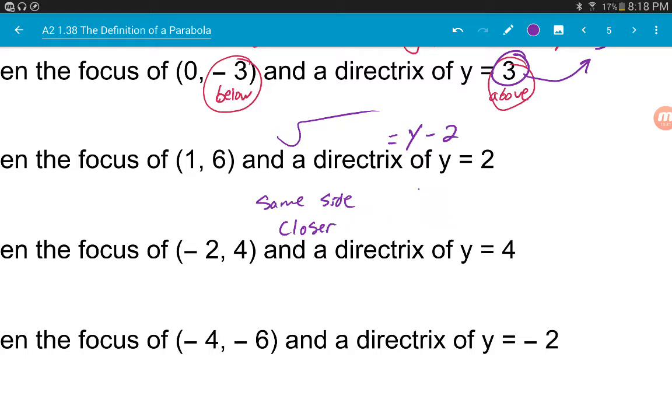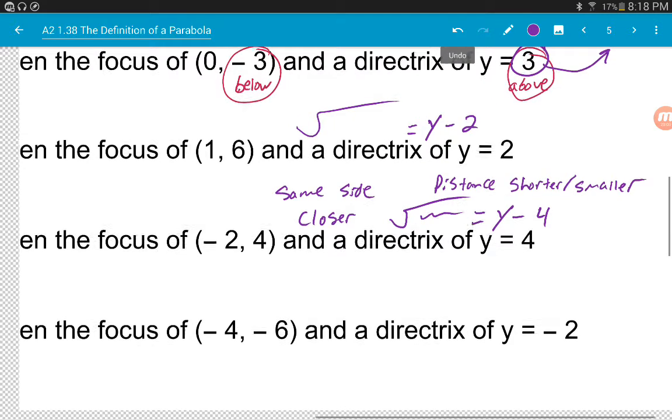And that means my distance is shorter. So that means we're looking at y minus 4. Because how do you make something shorter or smaller? By subtracting from it. So that's what the other side of the equation would be.